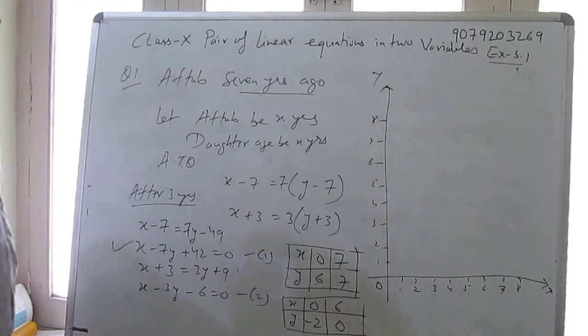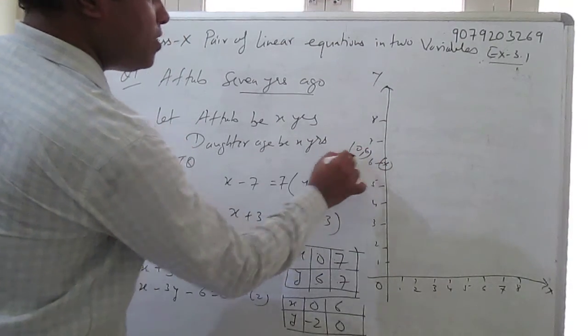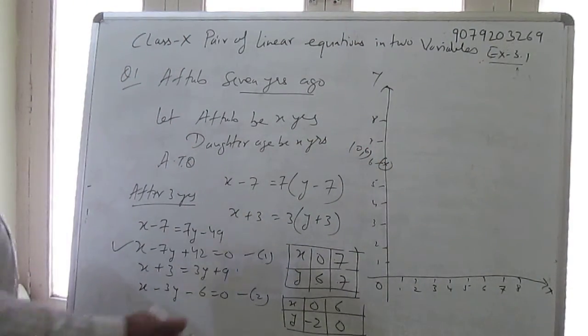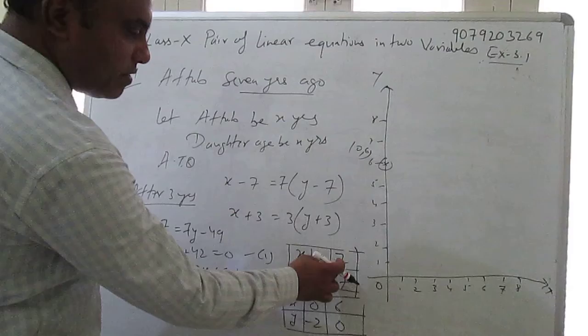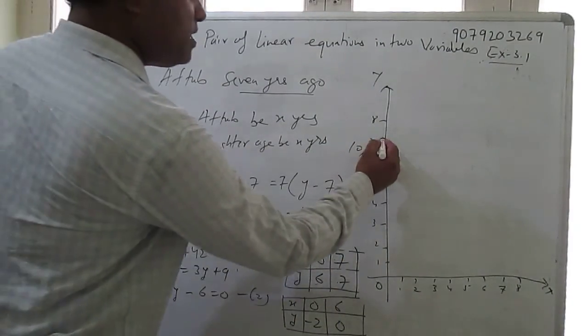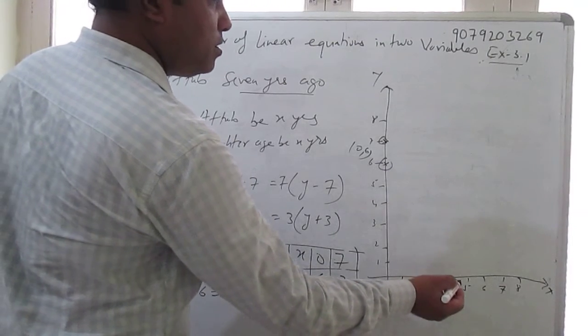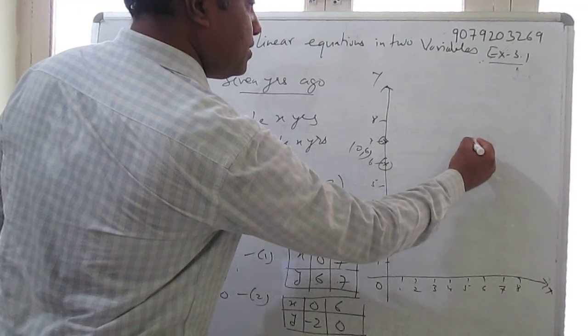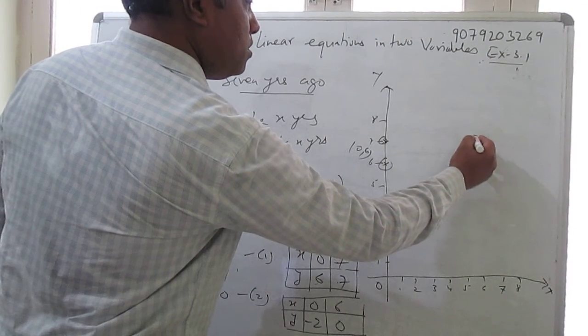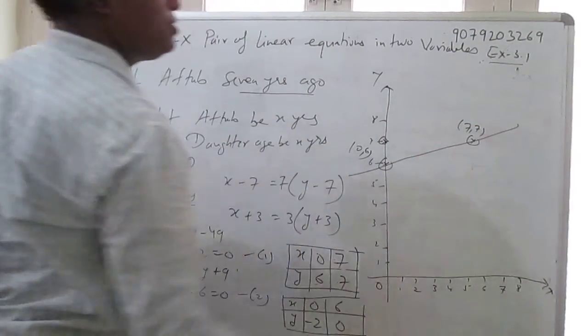The first point is x 0, y 6, that is 0, 6. It is an ordered pair. First we take the x point. Then 7, 7. 7 is here and 7 is here. Now join these 2 points.